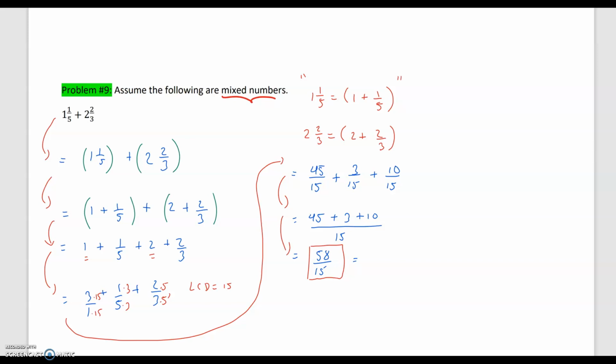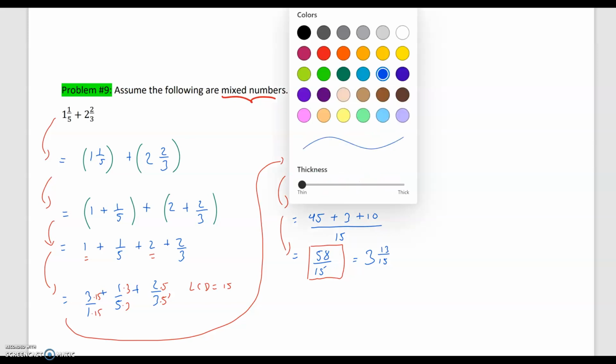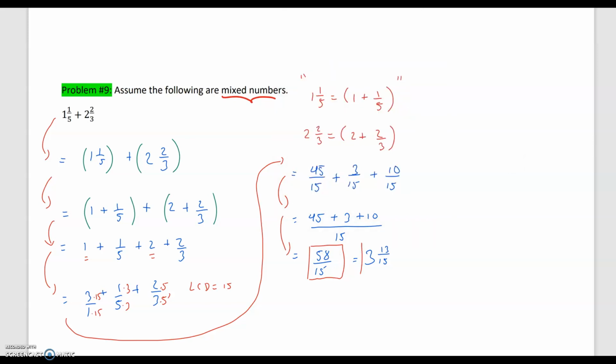So it's going to be a total of 3 and 13 15ths. Let me double check. On the side, 45. Yep, no, that's fine. Because on the side, I'm just multiplying 3 times 15 and then plus 13, that would be 58. So that's perfectly fine.